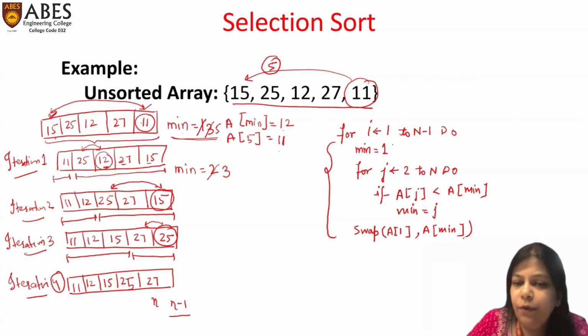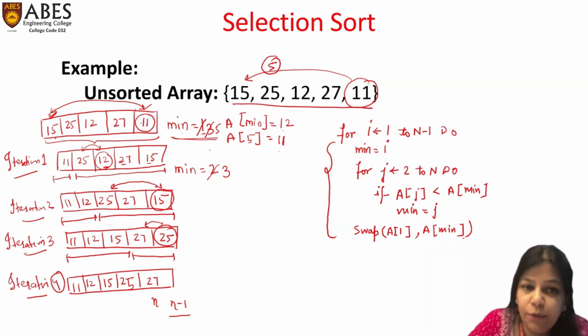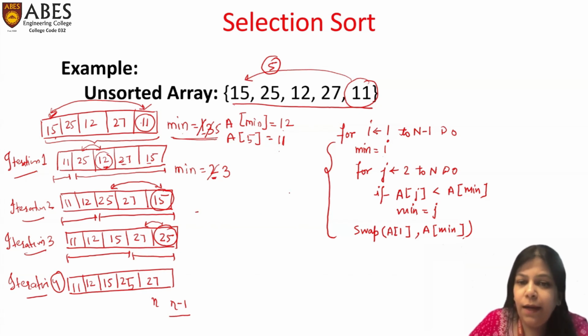And every time we are storing this i in minimum. So this minimum is actually taking i. As you can see here, the minimum started with 1. Then here the minimum started with 2. In the next iteration, the minimum started with 3 and so on. Right. So minimum is equal to i.